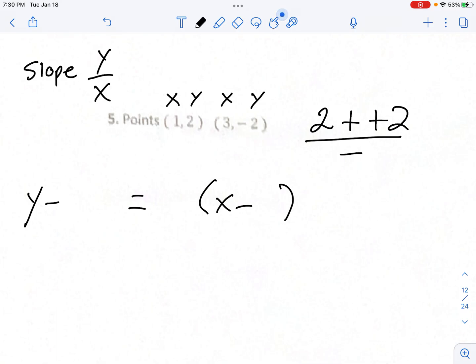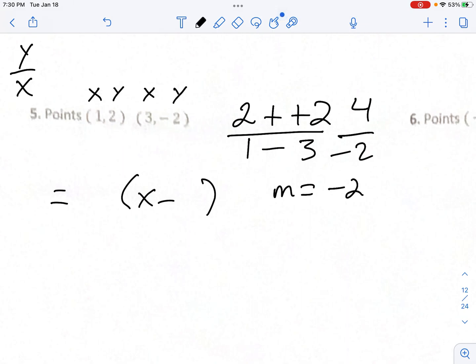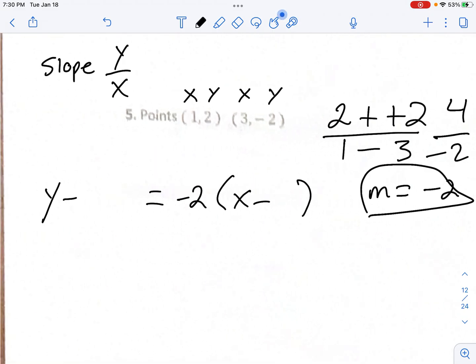Now I'm going to put my x's on bottom exactly where they're at. 1 and 3. So this is actually going to be 4 over negative 2. So my slope, which is m, is negative 2. And we're going to plug that in the middle.